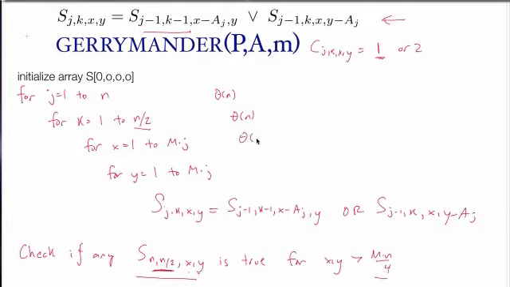Okay, so if we put all of these together, we get something that's 1, 2, 3, 4, n to the 4th times m squared. So it's not a fast algorithm, because if we have 100 precincts, already n to the 4th is a pretty big number. And if you have 100,000 people in a precinct, that's a big number as well.